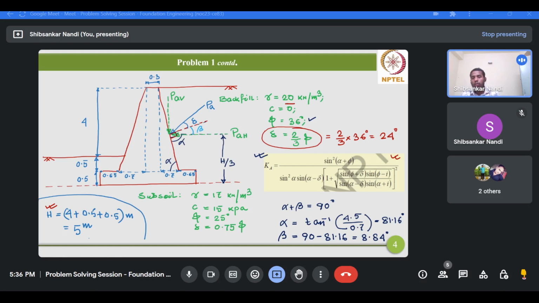It will try to resist the driving forces. We can split this geometry of the gravity retaining wall into 4 components. Suppose this is component 1, this is component 2, this is component 3, this is component 4, because this will make the calculation easier.